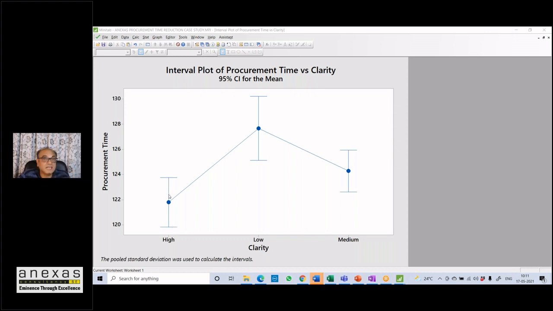So there's a likelihood that the mean of the population when the clarity is high will be between 120 to 124. And when it is low, right now it is somewhere around 127, but the population is likely to lie between these two values. But there is no overlap between the two, so very less probability that high is equal to low. It appears that they are different.